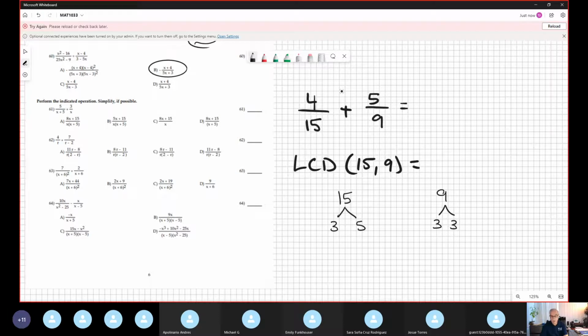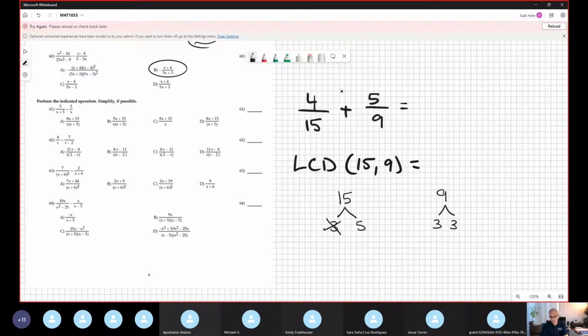In the problem we have only 3 and 5. But when you have repetition, because in 9 we have two 3s and in 15 we have only one 3, you don't need to take three 3s. You take the majority, so you delete mentally this single 3 and you take two 3s.